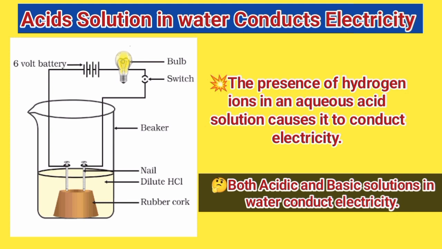Hydrochloric acid is an ionic compound, and sodium hydroxide is also an ionic compound. So these release H plus ions and OH minus ions, and finally they conduct electricity. It is also one of the chemical properties of acids and bases. So both acid and base solutions in water conduct electricity well.